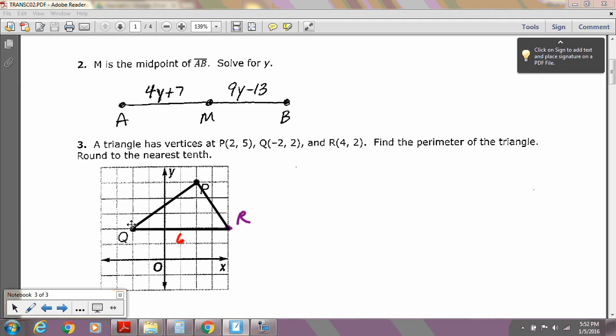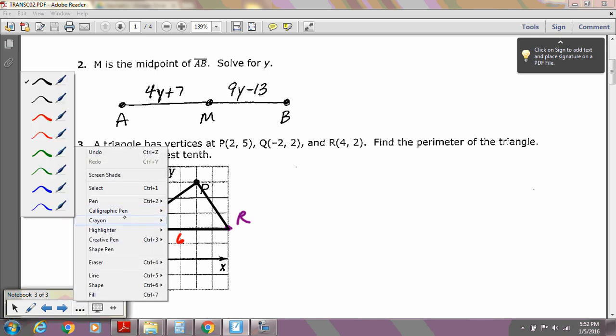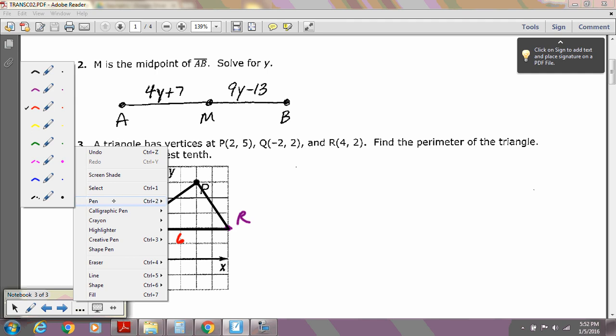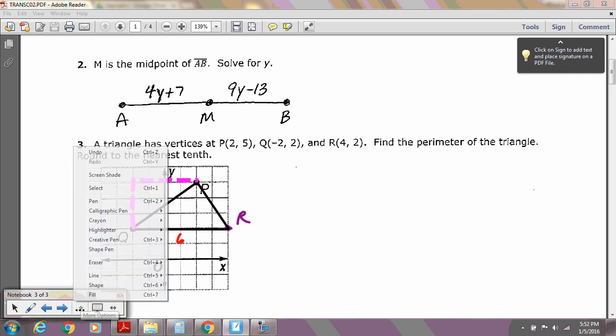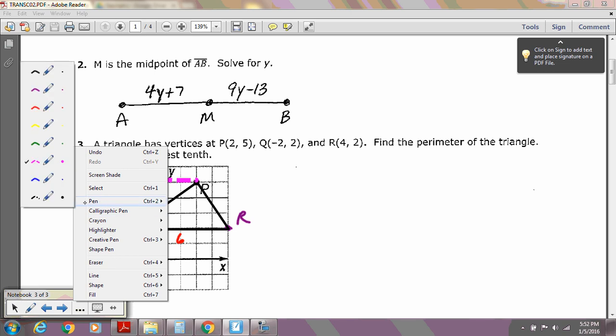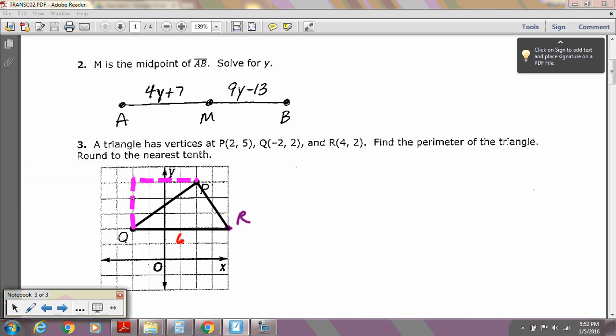Now, to find the distance from Q to P, you would form a generic right triangle. I'm going to use a different color. And it has to be right to get from Q to P. And then you would list the sides of the triangle because, again, it's a right triangle. So I went 3 up and 1, 2, 3, 4 right.